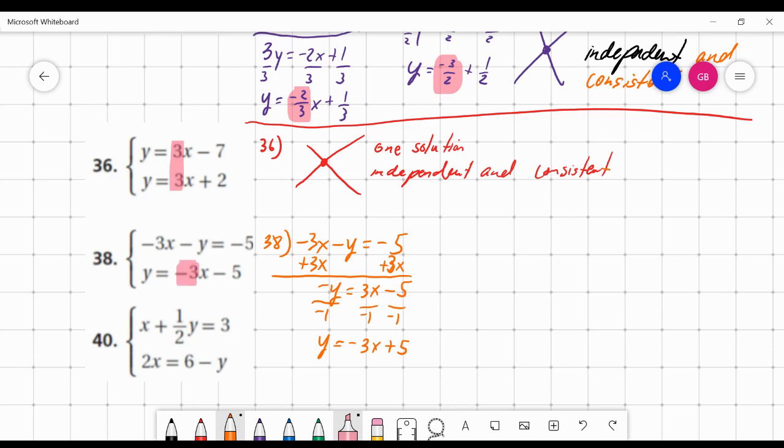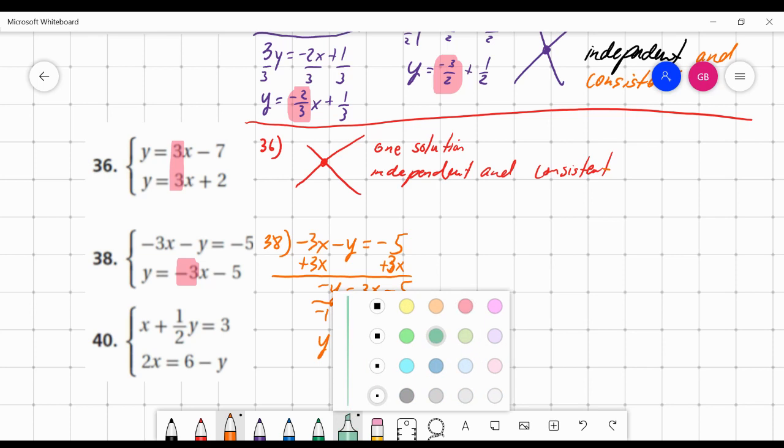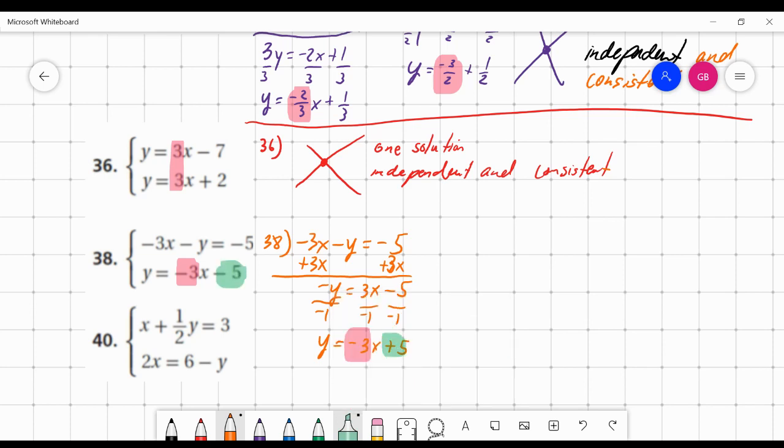Okay. The slopes are the same. Notice that the slopes are the same. But the y-intercepts are different. One's positive 5, one's negative 5. So when you graph them, it's going to look like this.